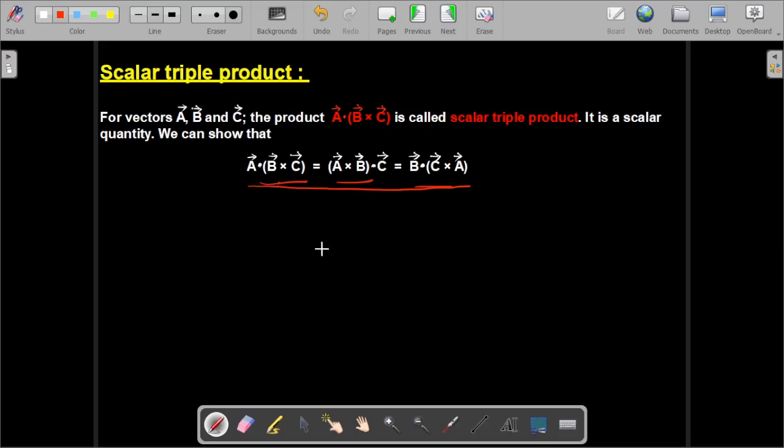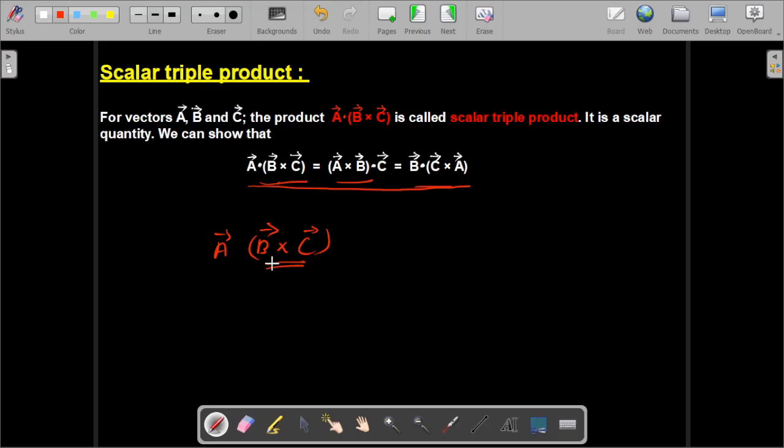Suppose 3 vectors are given: A, B, C. At first we take the cross product between any two of them. Suppose I have taken it between B and C. This is a vector quantity because it is a vector product.